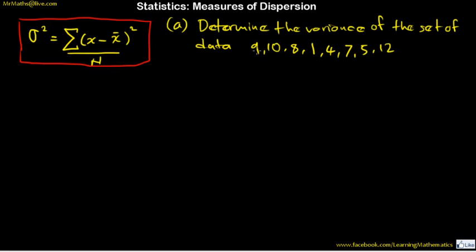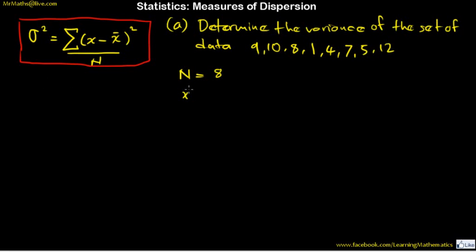X is the data, the 8 of them, and x bar is the mean, which is not known yet. N is the frequency, which is 8: 1, 2, 3, 4, 5, 6, 7, 8. While x bar is something we need to find out.